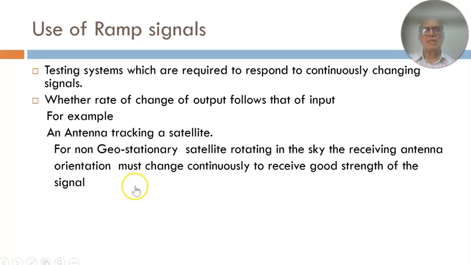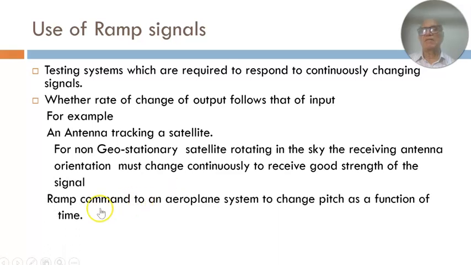This is one application where the system can be tested by a ramp signal. Another one is a ramp command to an aeroplane system to change pitch as a function of time. As the aeroplane takes off, the pitch needs to change as a function of time. So that is another example of a signal where the system can be tested by the use of ramp.